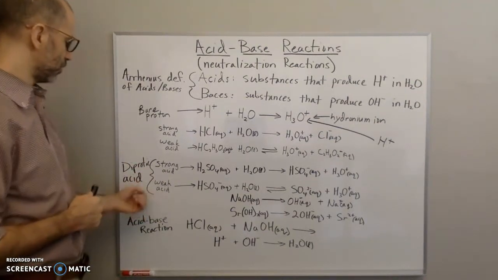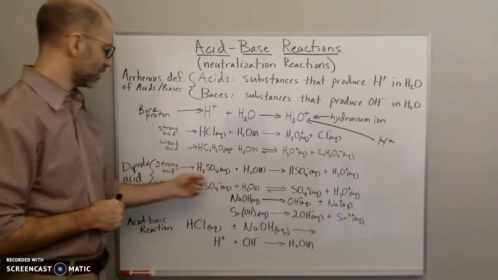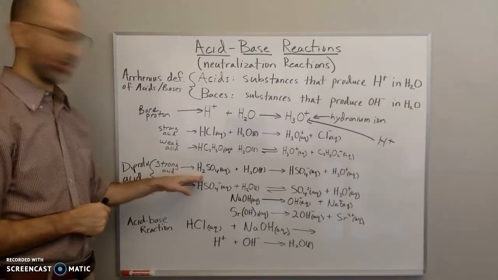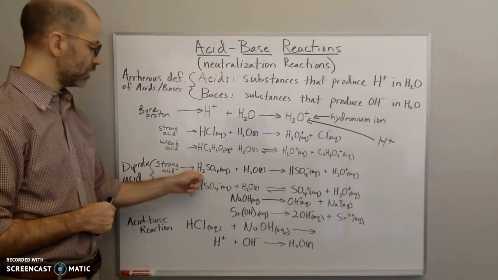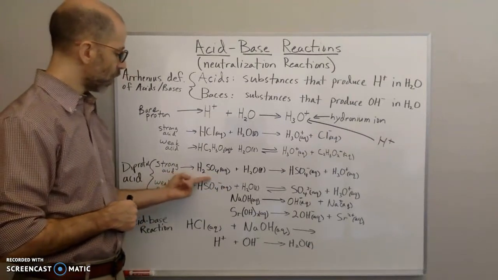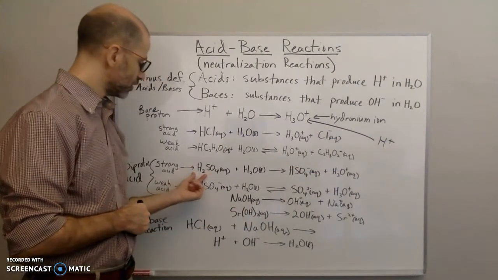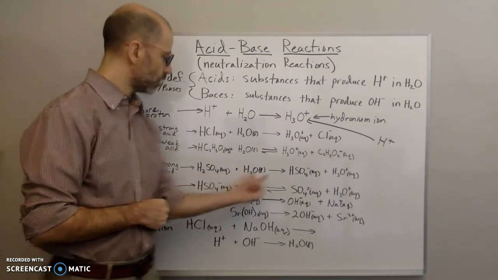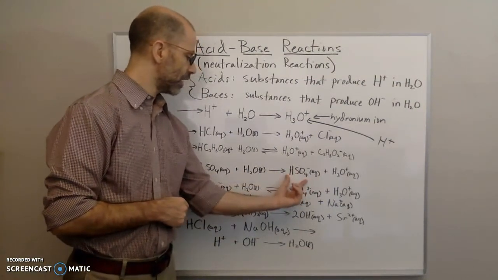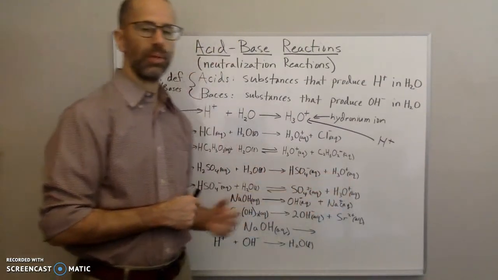Here's an example of a strong acid. This is sulfuric acid, and it has two hydrogens, written first, two acidic hydrogens. In the first reaction, it's a strong acid, so it's all going to go in this direction. One of the hydrogens is going to come off, join water, and then you get the ion left over, HSO4 minus, aqueous, and you get your hydronium ion.